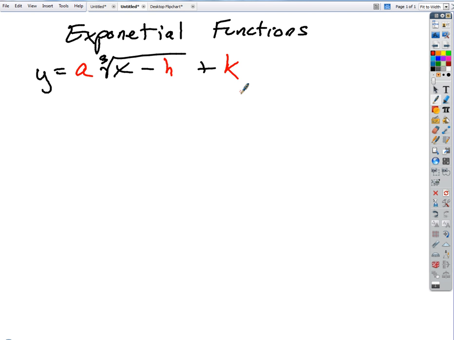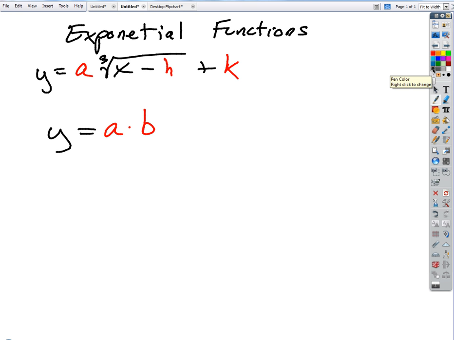And if we just know the values of a, h, and k, we know what the graph looks like. The same kind of thing is true for exponential functions. Exponential functions are in the form y equals a times b to the x.